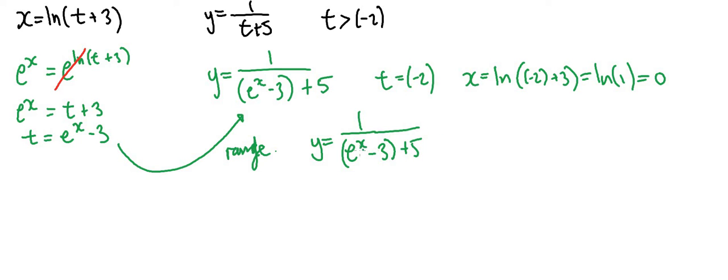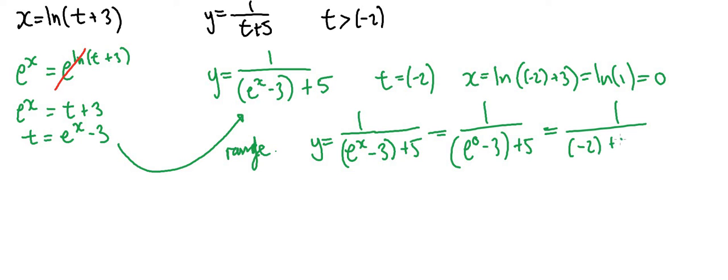Remember that the smallest x is going to be 0. So this is going to be 1 over e to the 0 minus 3, plus 5. We all know that e to the 0 is 1. So 1 minus 3 is going to be minus 2, plus 5.